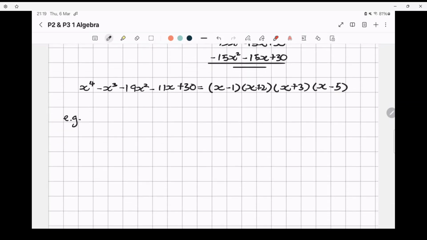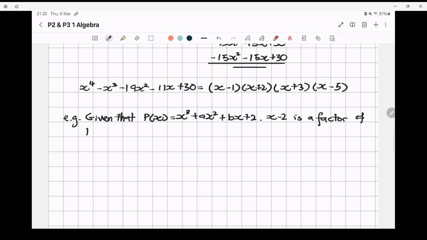Let's look at our last example. Given that p of x is x cubed plus ax squared plus bx plus 2. So x minus 2 is a factor of px.